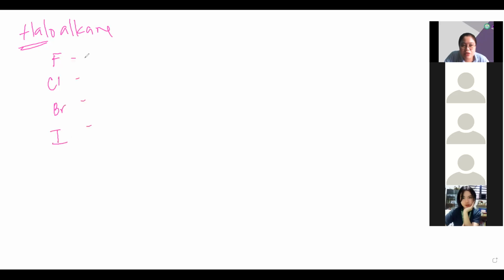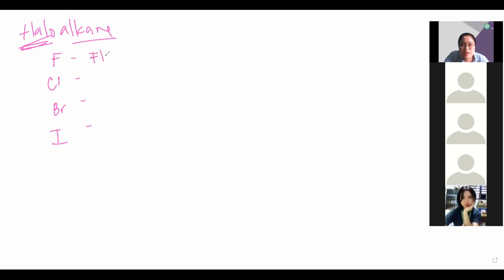Pag nakita niyo ito sa structure, alkane pa rin, pero specifically tinatawag siyang haloalkane because of the presence of the following. And in the naming, parehas lang naman yung naming, magna-number pa rin tayo ng carbons, pero hindi natin sila tatawagin with their full name.